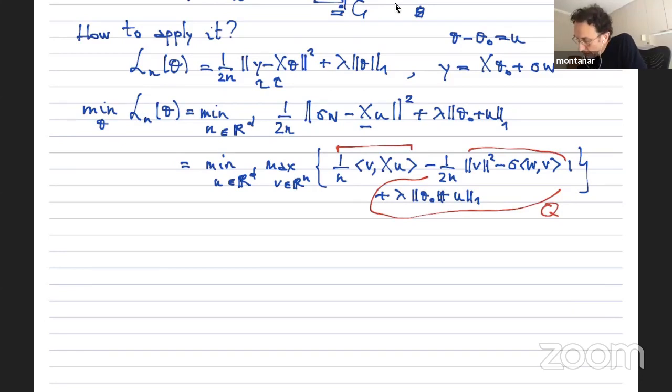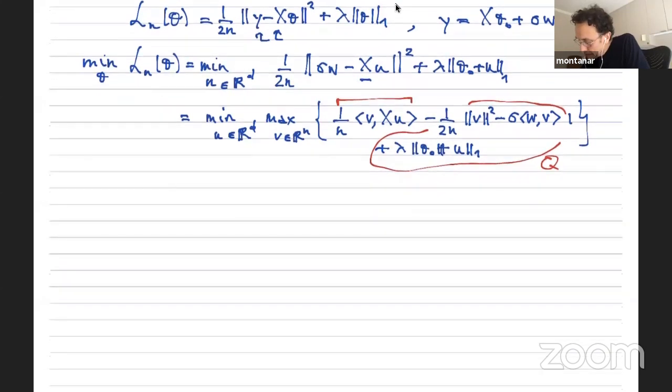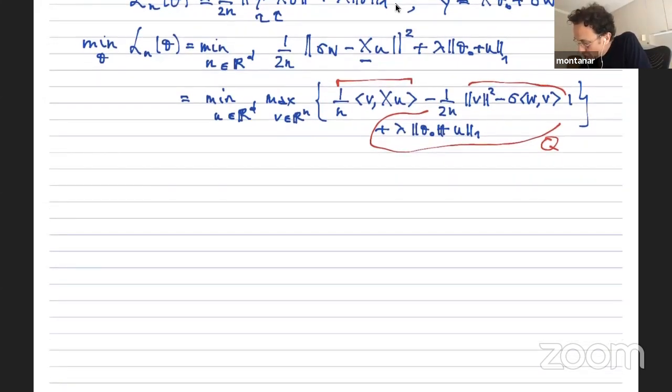So by using Gordon's theorem, I can prove that the minimum concentrates around a certain value. Now, this is not what I'm really interested in. What I'm really interested in is computing properties of theta hat, of the minimizer.